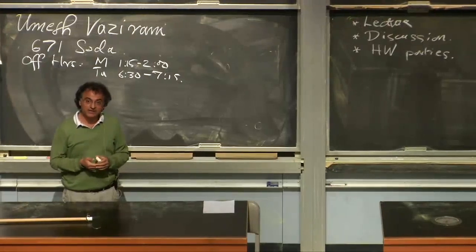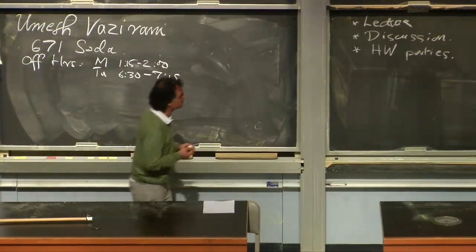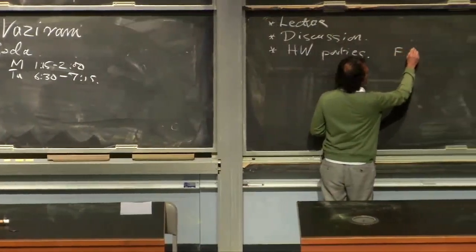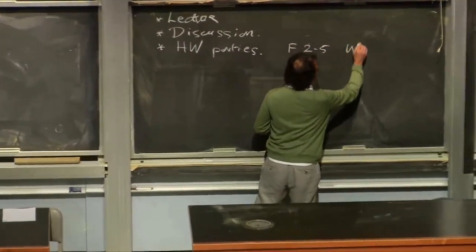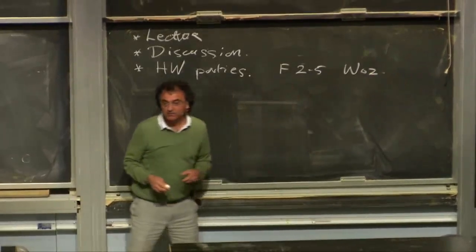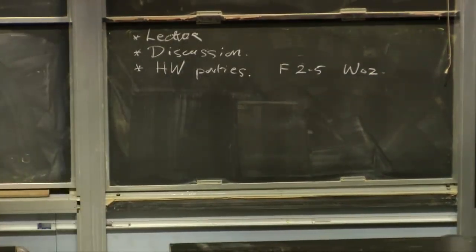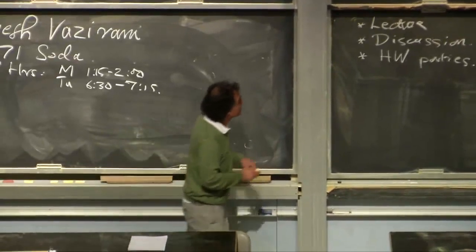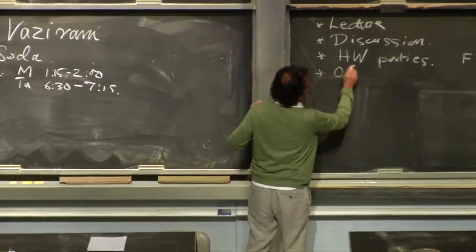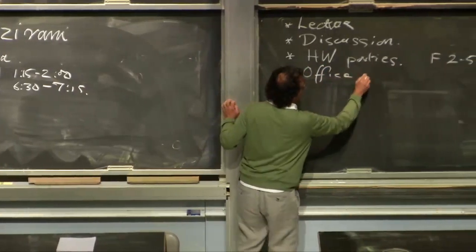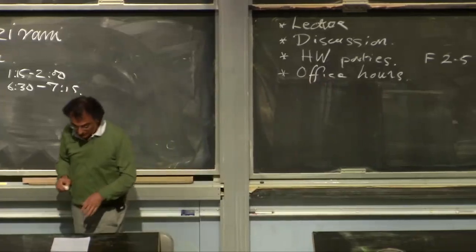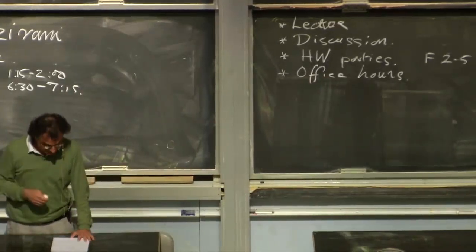It would be in the Wozniak Lounge, and so currently there's one Friday 2 to 5 in the Woz, and that's where you'd be working on your weekly homework assignments together in groups. Okay. There's of course office hours, where you get to meet your TAs face to face.